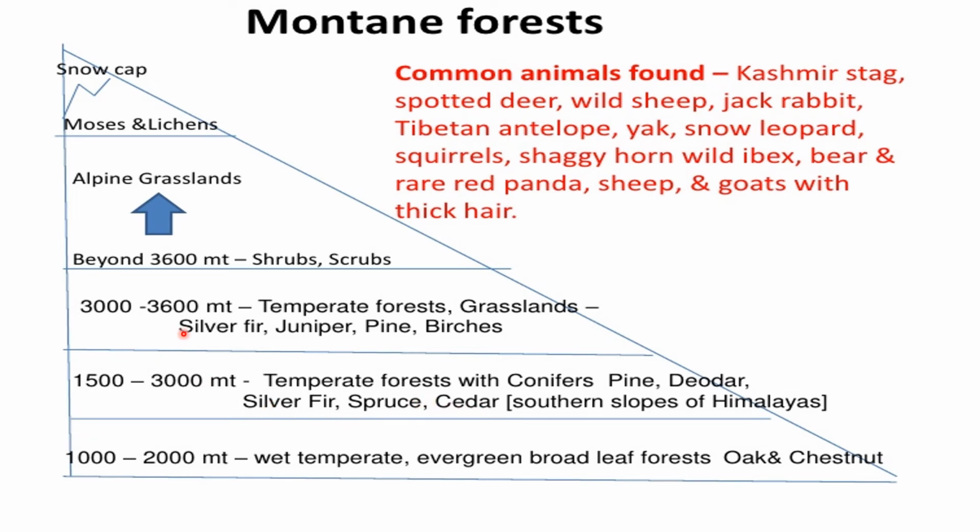Then 3000 to 3600 meters, the forests get converted into grasslands, or in some areas we may find silver fir, juniper, pine, birches. Beyond 3600 meters, we find shrubs and scrubs and mosses and lichens in those areas which remain covered with snow.